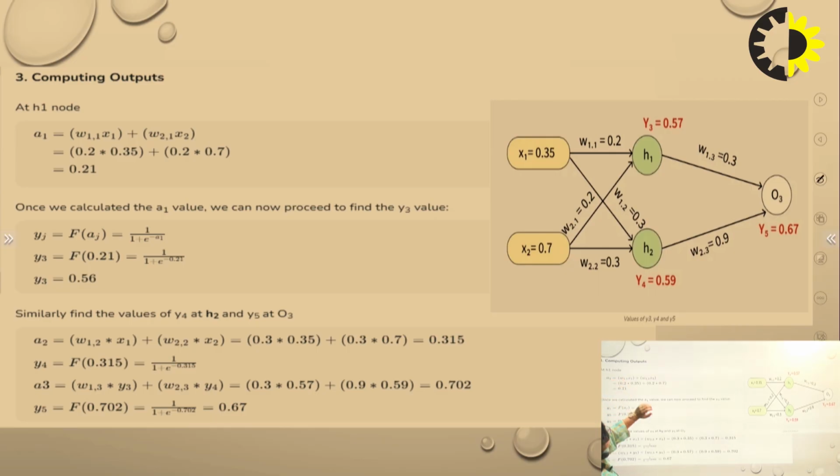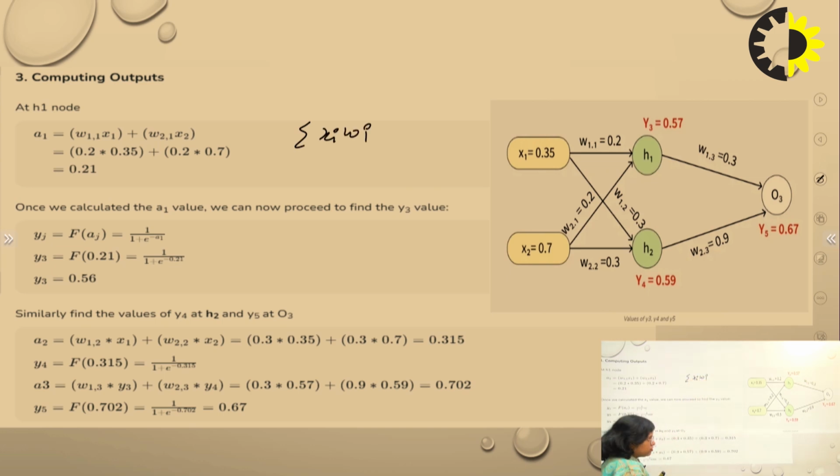We calculate the output at the H1 node, like W1 X1 plus W2 X2. We have already calculated this, the Xi Wi.